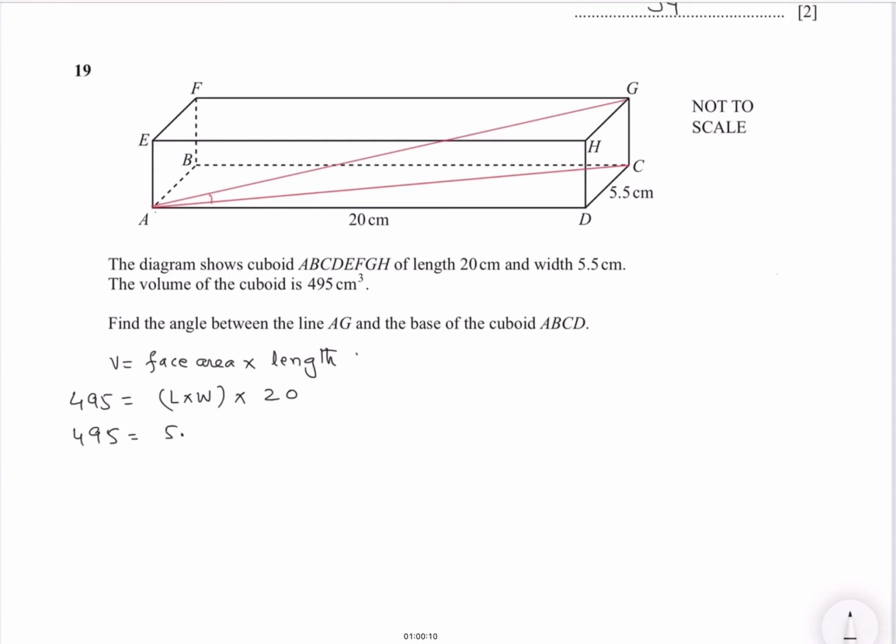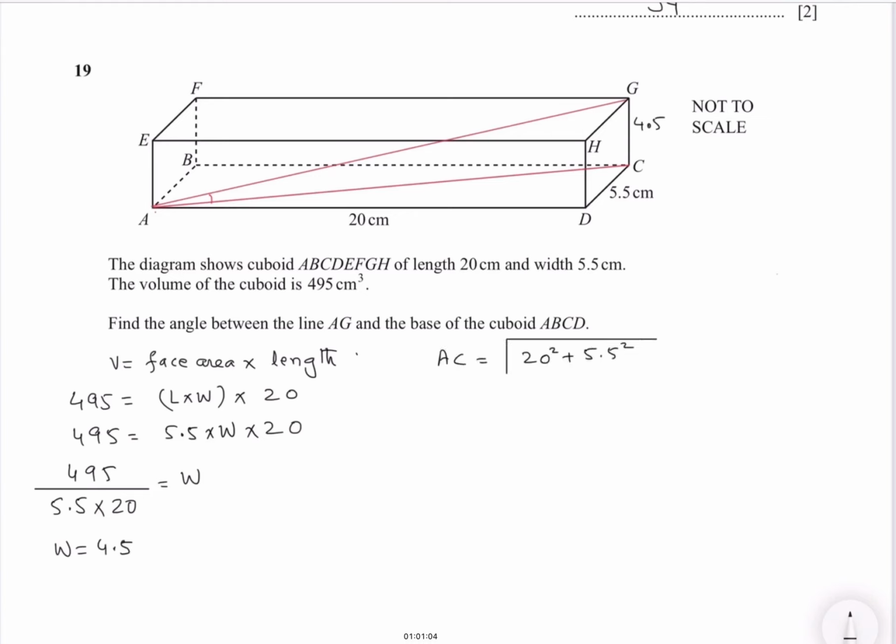So 495 equals 5.5 times the unknown width times 20. From here we can make W the subject, which is the width. So width is 4.5. Now we can use Pythagoras theorem to find the length of the diagonal AC.